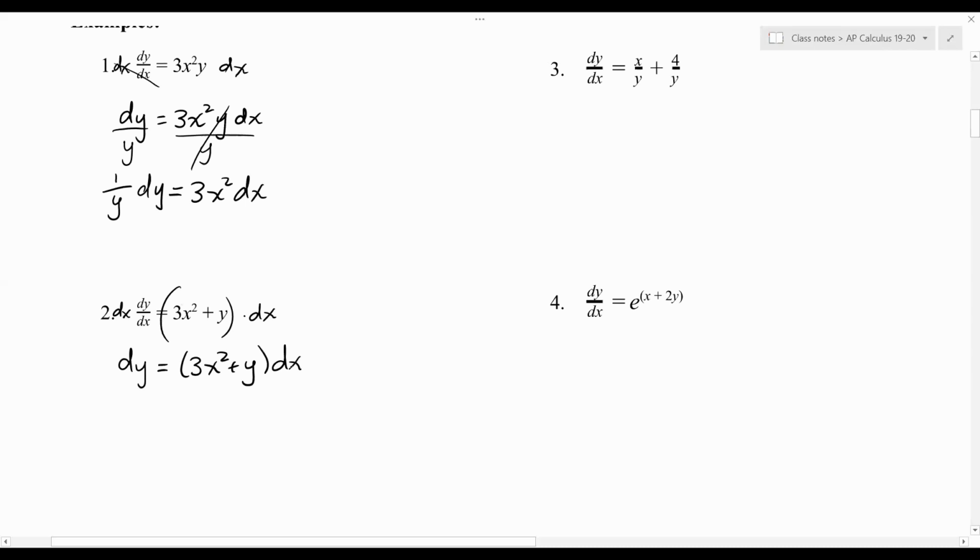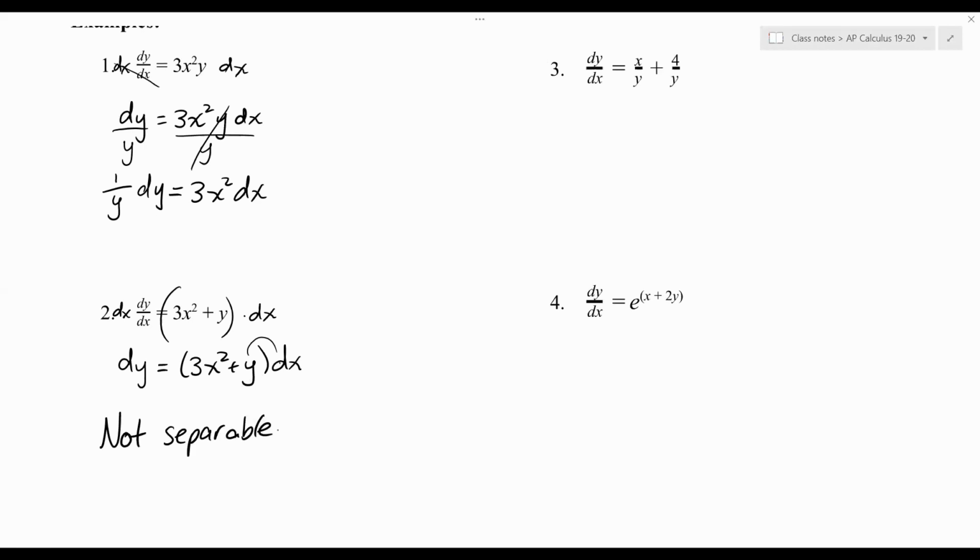Now, how can we get our y to the other side? We can't subtract y because it's being multiplied by this dx. If we distribute the dx, then they'll still be attached. It turns out that there's no way to separate these variables. This is not separable. So we're not able to solve this.